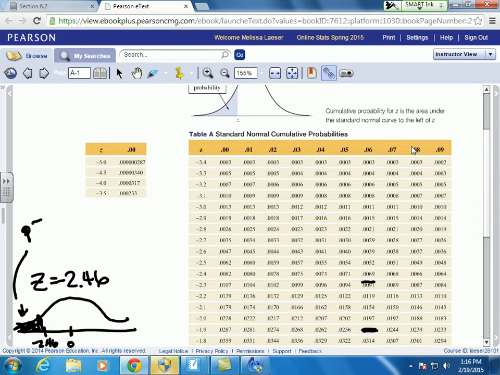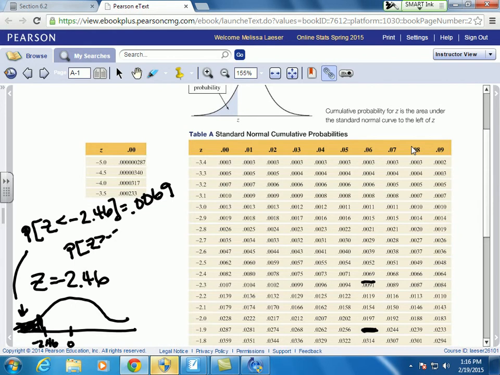The probability of z being smaller than -2.46 equals 0.0069.